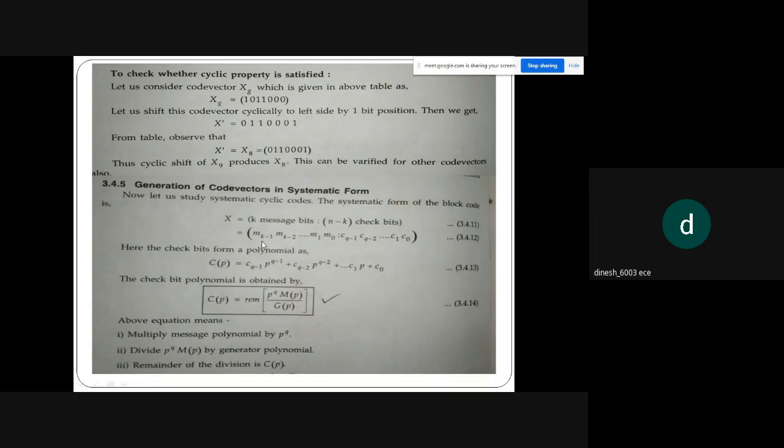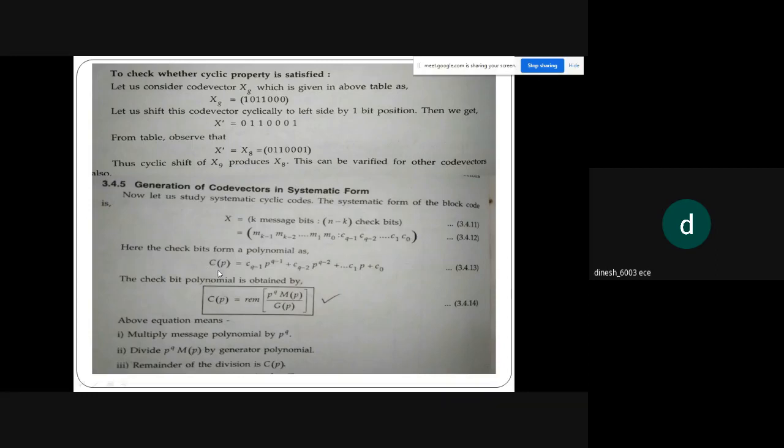So I can write it in the form m_{k-1}, m_{k-2}, m_{k-3} till m_1, m_0, followed by c_{q-1}, c_{q-2} till c_1, c_0, as in equation 3.4.12. So here the check bits form a polynomial. The check bits C form a polynomial series.